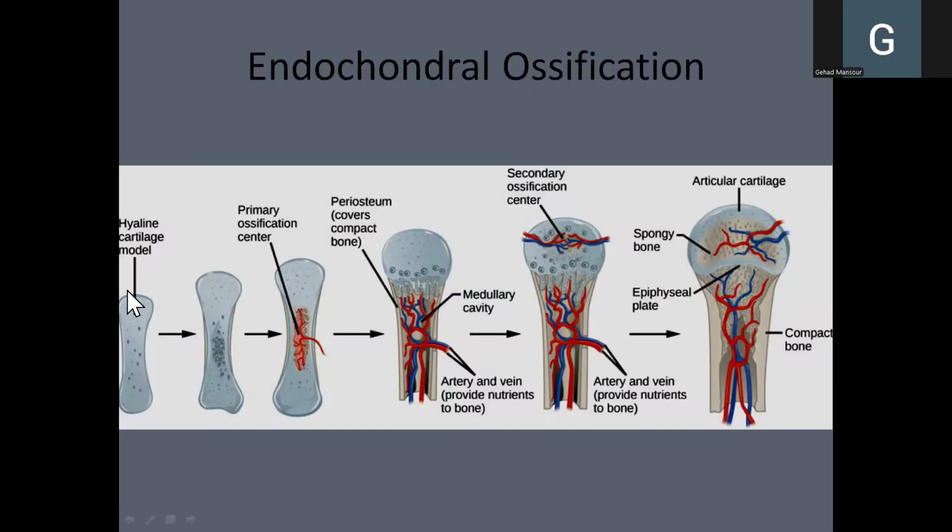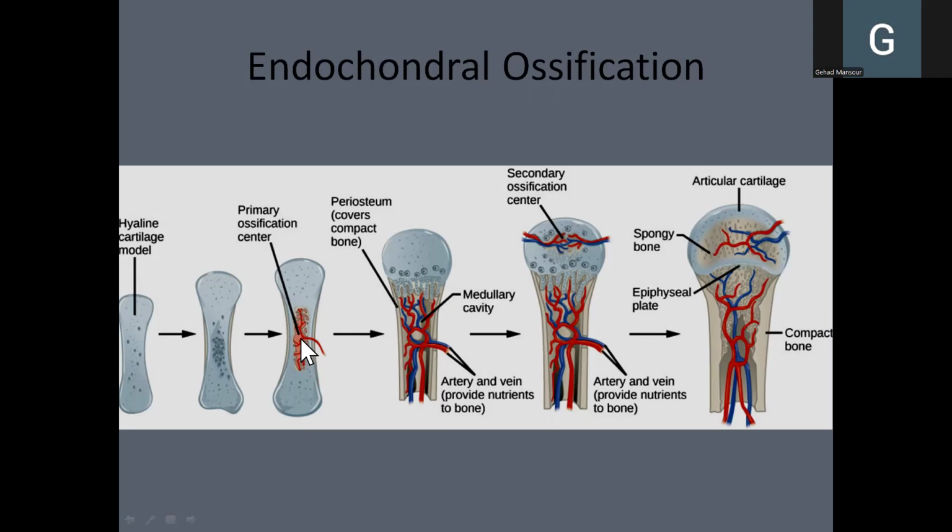Here we can see the steps of endochondral ossification in the form of a diagram. So here you have the hyaline cartilage model. The primary center of ossification starts to appear, and it's rich in stem cells, which are undifferentiated cells that can divide very rapidly and that can differentiate into any other type of cell.